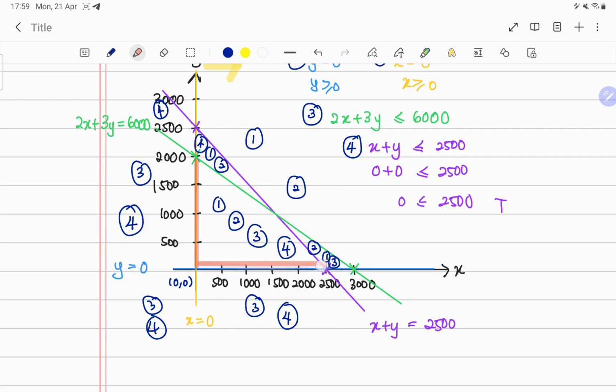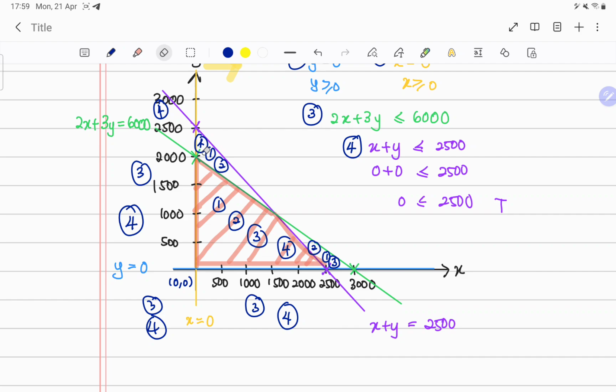Okay, this one. This one. And this one. So this is your shaded area. Like that. Once you finish, you can just remove all the numbers just now.